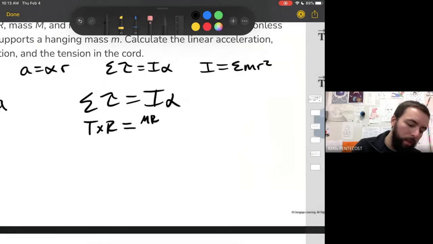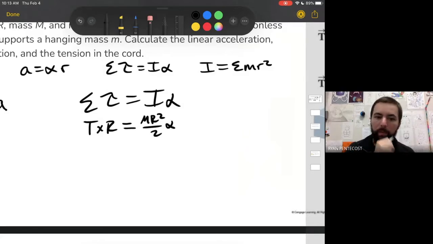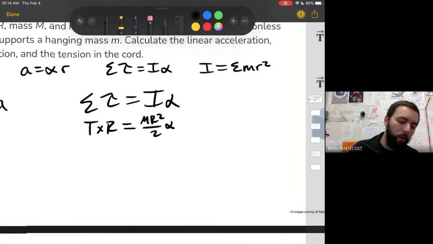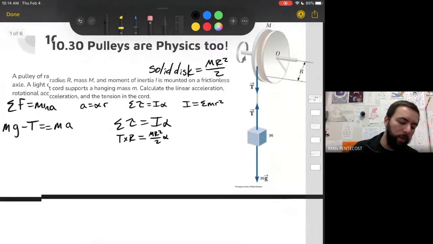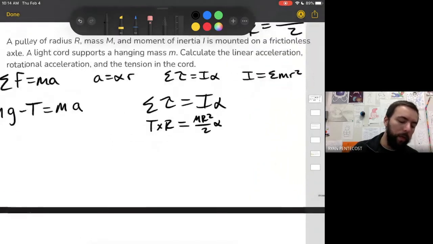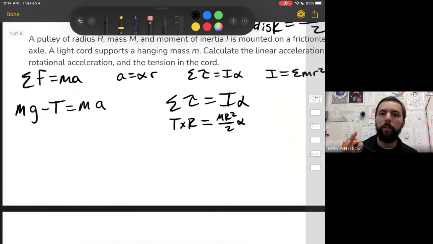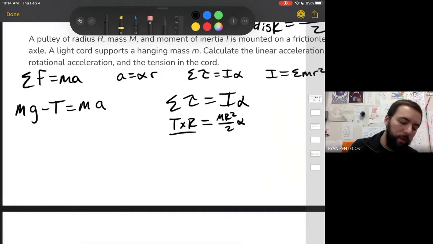You've got mr squared over 2 alpha. Now, we don't want torque here. We're trying to solve for tension in terms of acceleration, T in terms of a. We don't want alpha, and we don't want this radius sticking around. So let's divide by radius across the board.